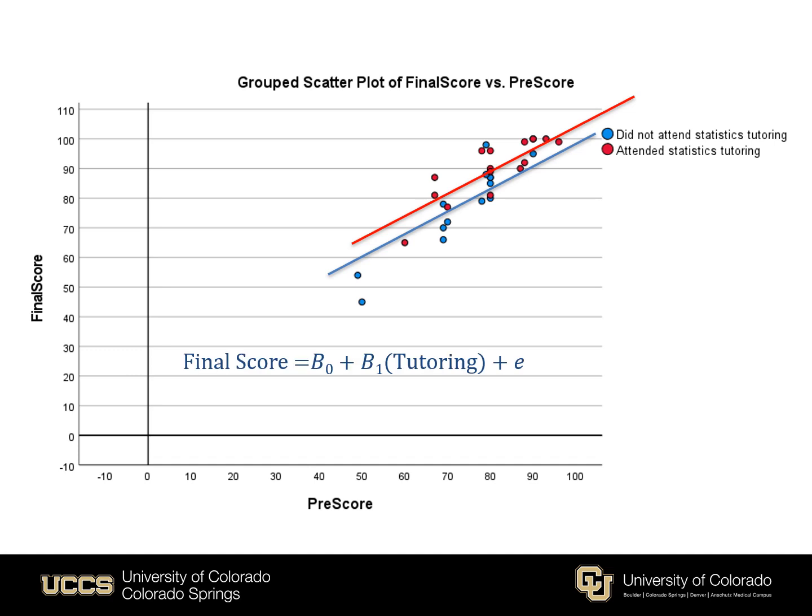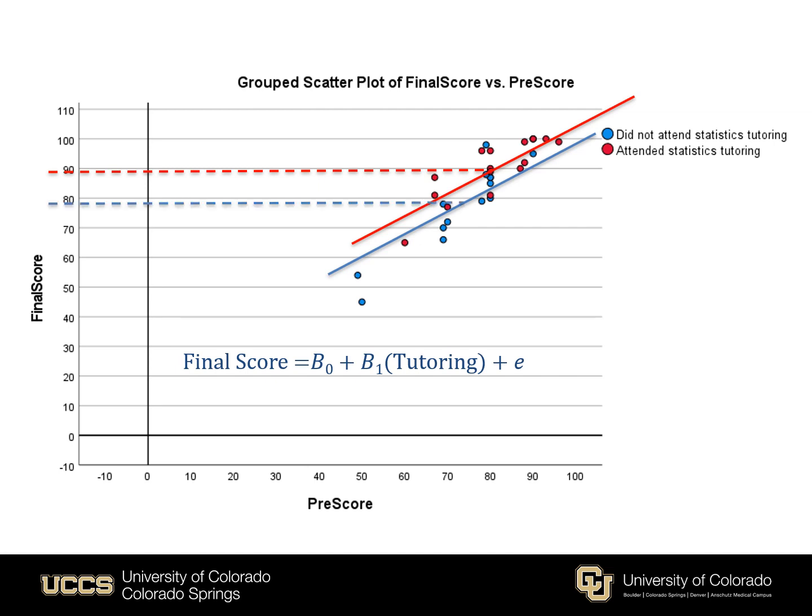And in the case of the simple model that we ran to estimate the effect of tutoring, what happens graphically in the regression is that there's an estimate made of the average final score for the students who attended tutoring, and we can see that graphically just by extending a dashed line over from the middle of the red line, and then of course we can repeat that for the blue line.